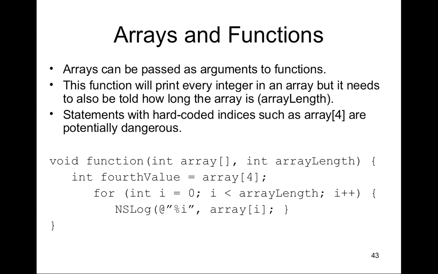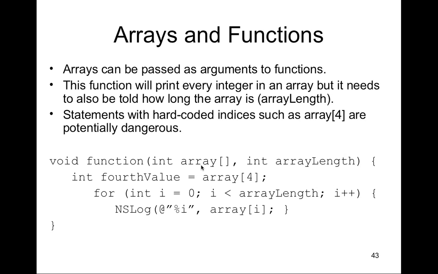In this example, the function will print every integer in an array, but it needs to be told how long the array is. This is very C-like, except for the NSLog down here instead of printf. We're creating the function call with 2 parameters instead of 1: we send the array and also the length of the array.